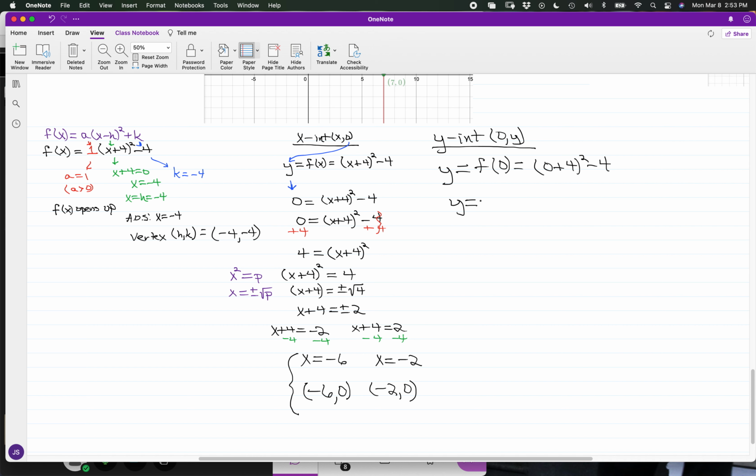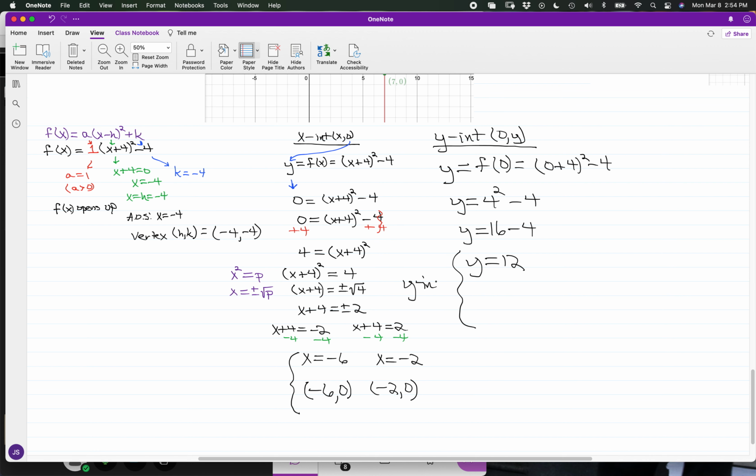So 0 plus 4 is 4, that's going to be squared, take away 4. 4 squared is 16, and 16 minus 4 is equal to 12. So we have that y is equal to 12. For the ways we can express the y-intercept, we have y is equal to 12, or as an ordered pair, 0, 12.